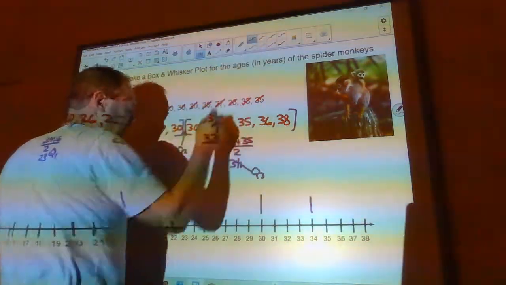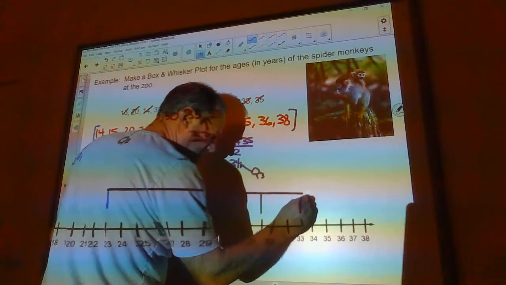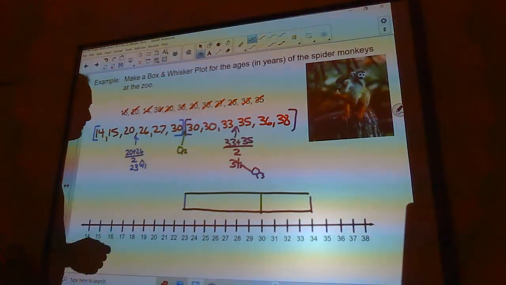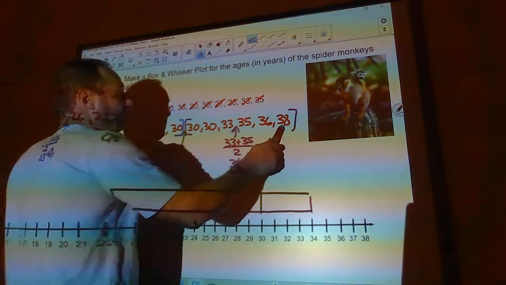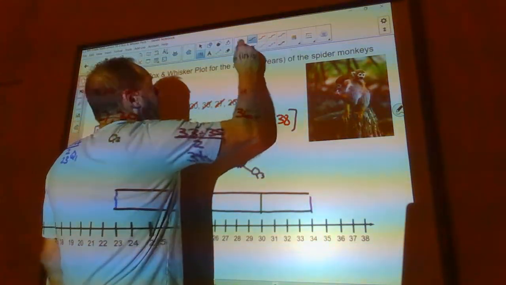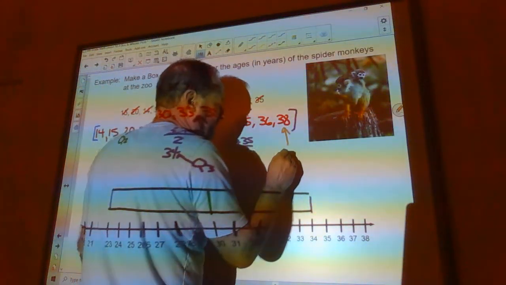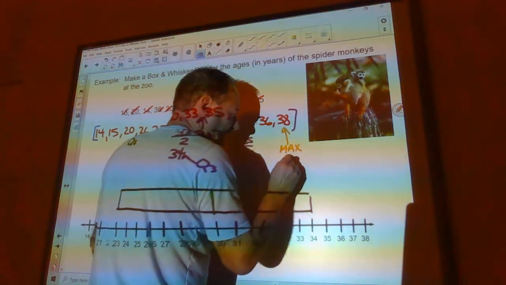Now, here's the box part of my box and whisker plot. Okay, now the highest point is the maximum. That's this one. That's Q4, or the max.